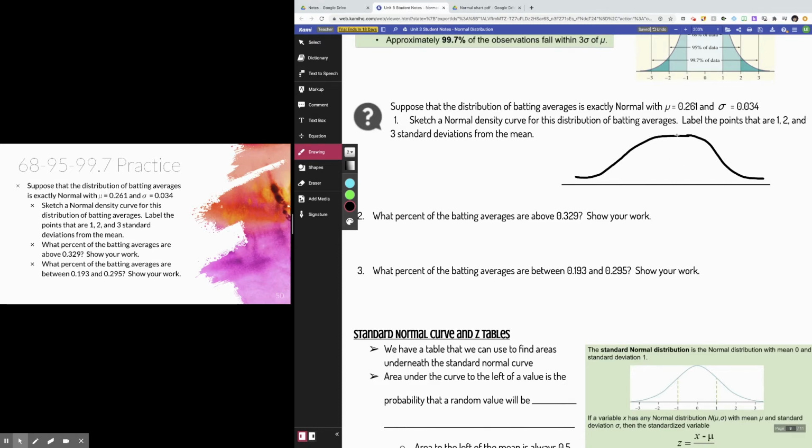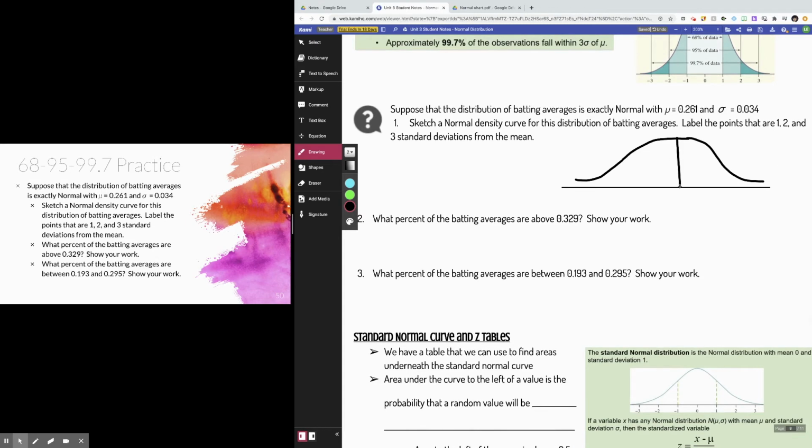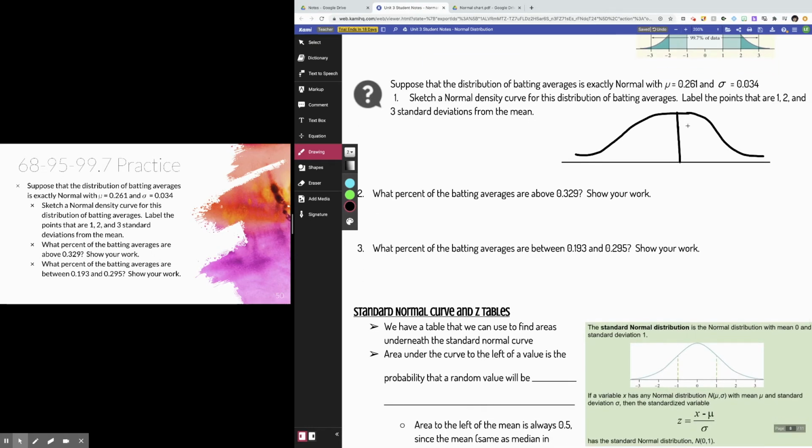It just has to look fairly symmetric and look like a bell curve. Whenever you draw these, you always want to draw a line down the middle because that's the mean. Then put the standard deviation as a little symbol off to the right-hand side, and write what it is, which is 0.034. This is my mean right here, and each tick mark I'm drawing represents one standard deviation difference, going up and down.